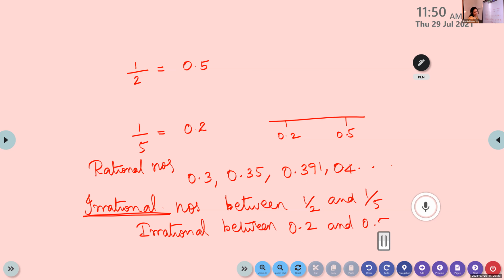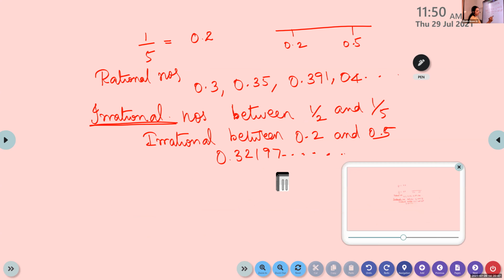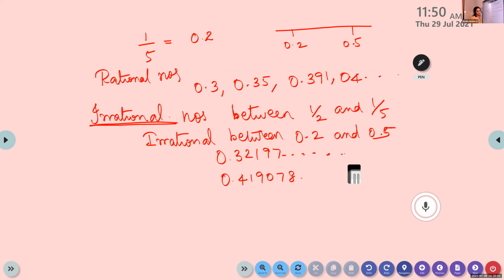So how will you find? We can write some numbers, like 0.321. You write some numbers in any order and you put dot, dot, dot. So it is non-terminating, not repeating. This dot, dot, dot you should keep. Suppose I write like this, 0.1907. You write some numbers in any order, but it should lie between 0.2 and 0.5.